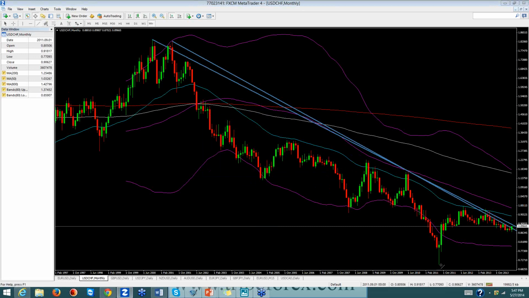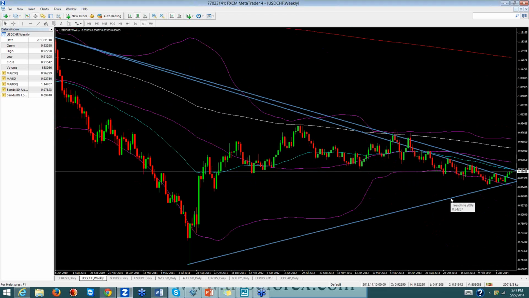Going to use a more prominent low here to draw a provisional area of support. Good.